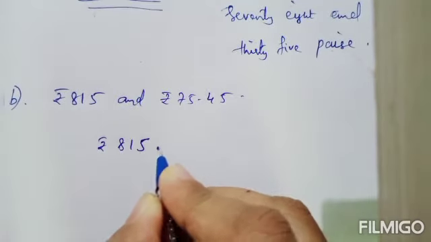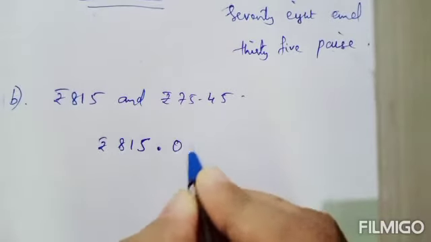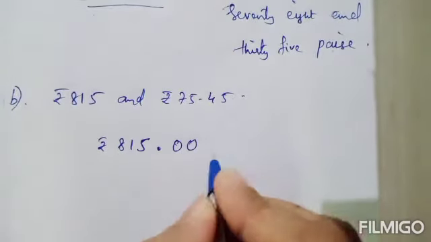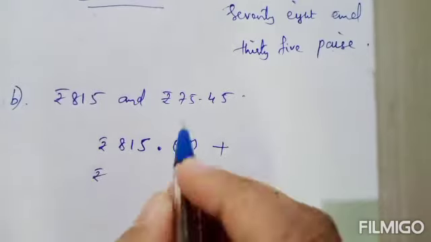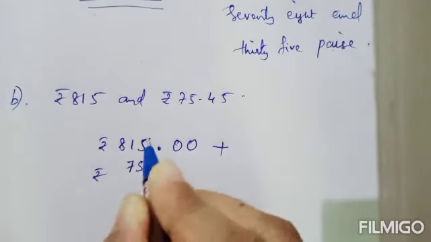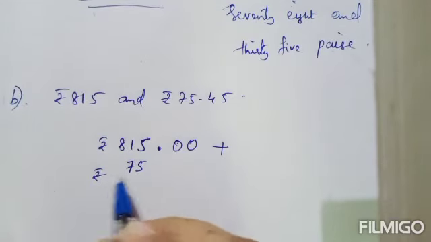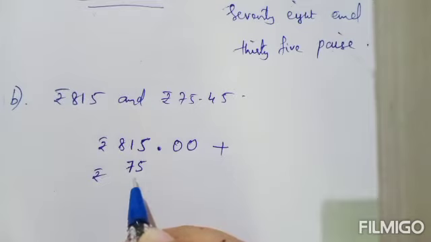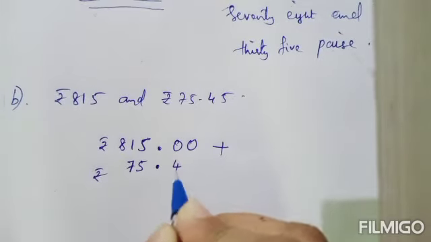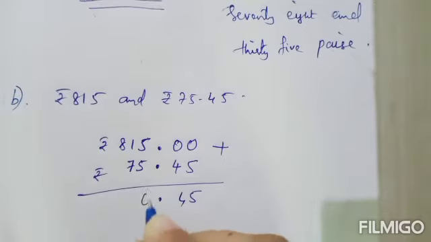Here paise part it is not given. Okay, so you can put 0 there, 2 zeros, plus rupees 75.45. How will you write? 75. Ones place digit should come under same column. Tens place digit should come under same column. So in this way you can write 75.45. Okay, now adding, what you will get?